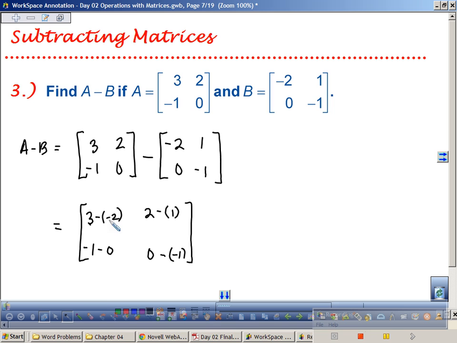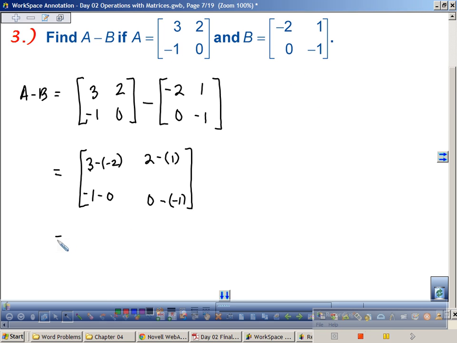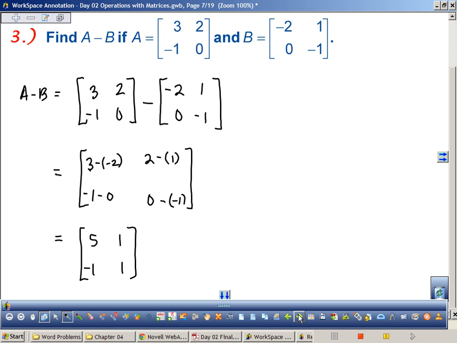You don't have to do the negative negative. I don't really care about that, but you do need to write these out. So for this problem, I should see 1, 2, 3 sets of matrices. So what's my final answer? 5, 1, negative 1, 1. Questions?